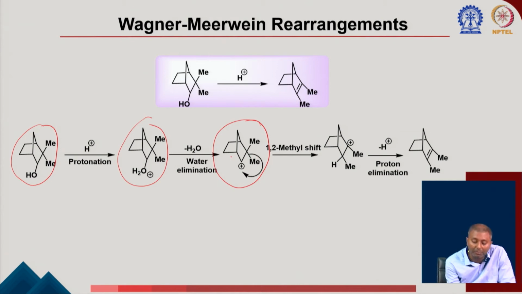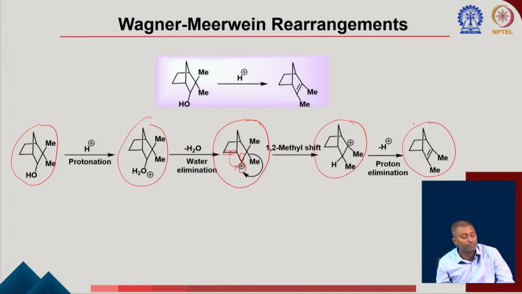One, it can go for this methyl shift, or it can go for this particular shift, because this sigma bond can also give electron density. But the problem is, if you do that, you end up generating a secondary carbocation. But once you go for a 1,2 methyl shift, you generate a more stable tertiary carbocation. After that, proton abstraction will give the more substituted olefin.